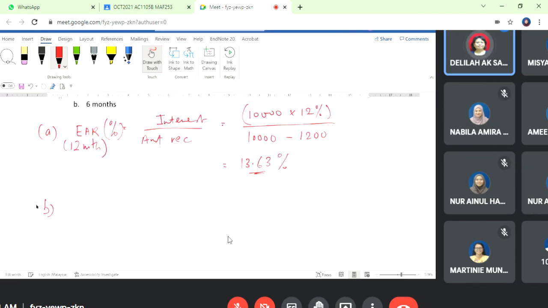Now that is if you borrow for 12 months. Let's consider a 6 months borrowing. So again, the interest must only be for 6 months.